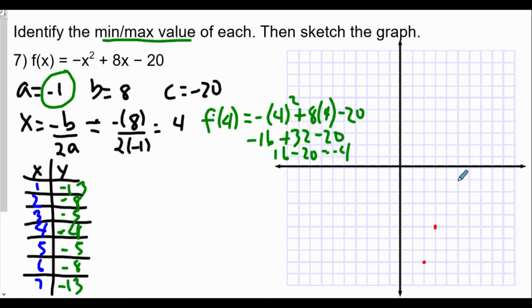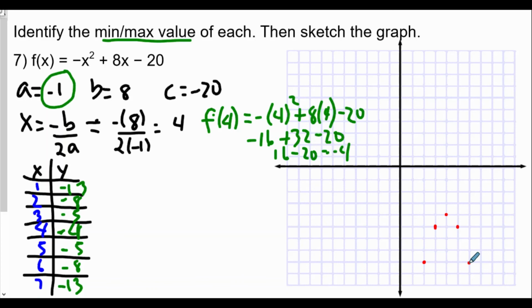When x equals 4, y is -4. When x equals 5, y is -5. x equals 6, y is -8. And if we had enough room to go downwards, we'd get to -13.